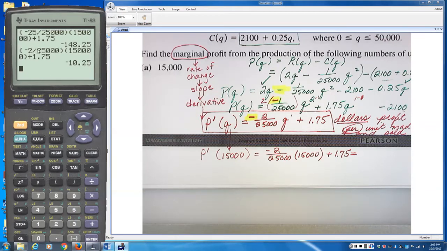No, that's still not right. I did the parentheses for the fraction, then I times it by 15,000, and then I just added in the 1.75. Do you see what I did? Yeah, you actually did 150,000. Let's try this again. -2 divided by 25,000, close parentheses.